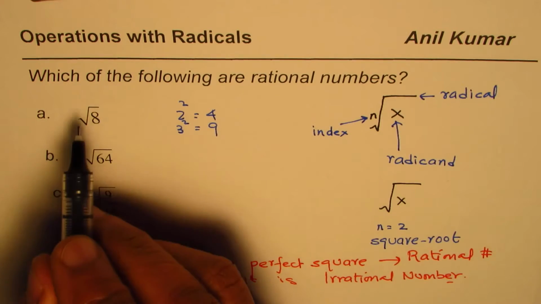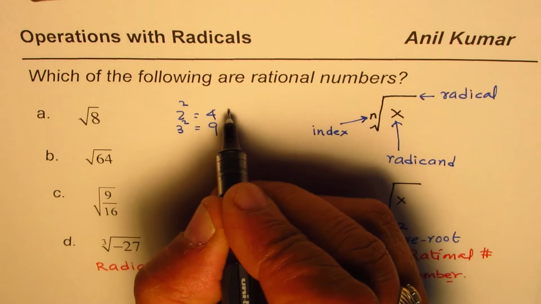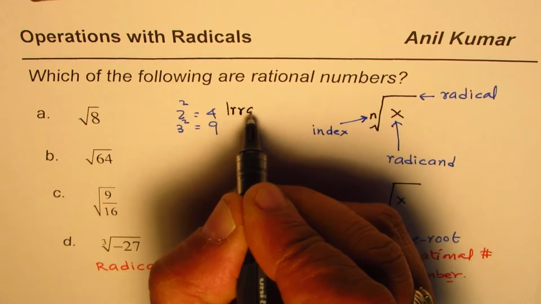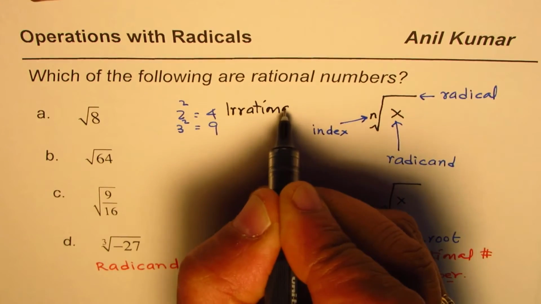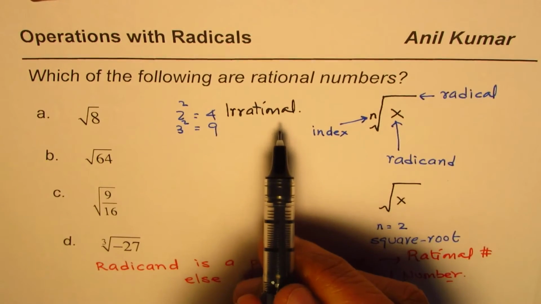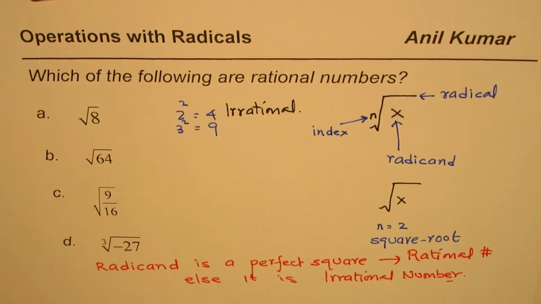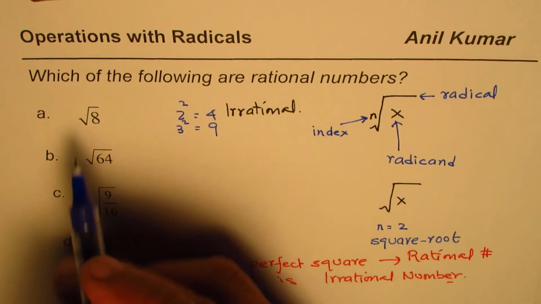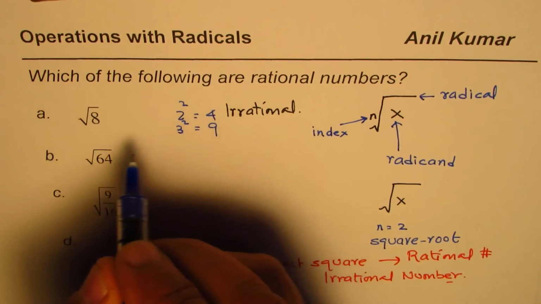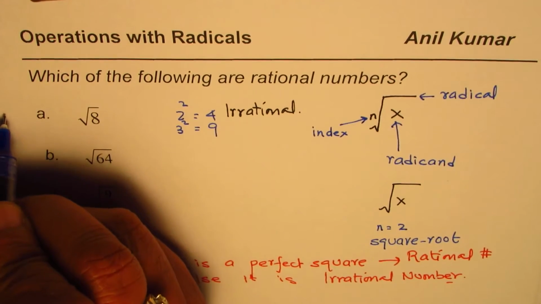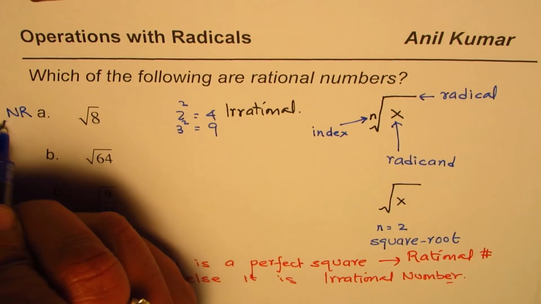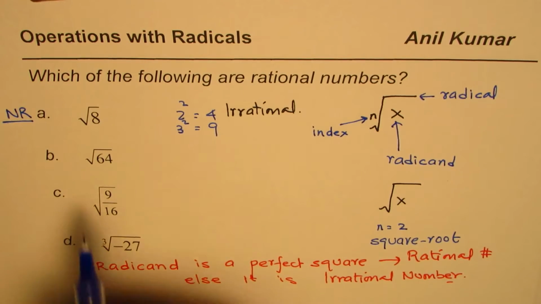It is important to understand that rational numbers are also considered irrational numbers. Irrational number is a bigger group. So we will better write this as not rational, and I'll use the term NR for not rational.